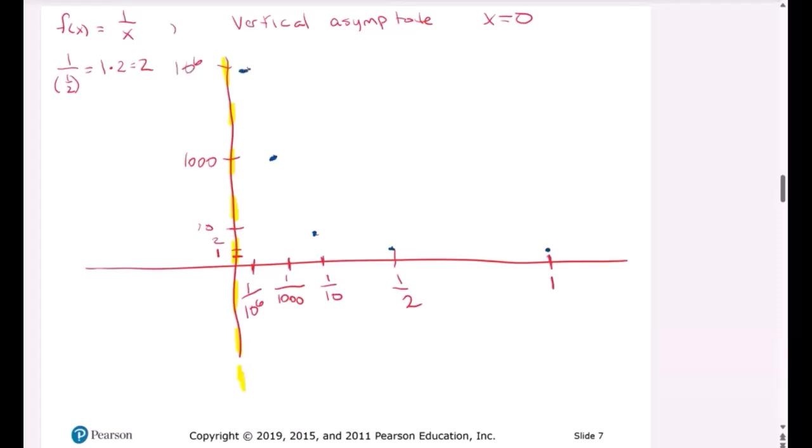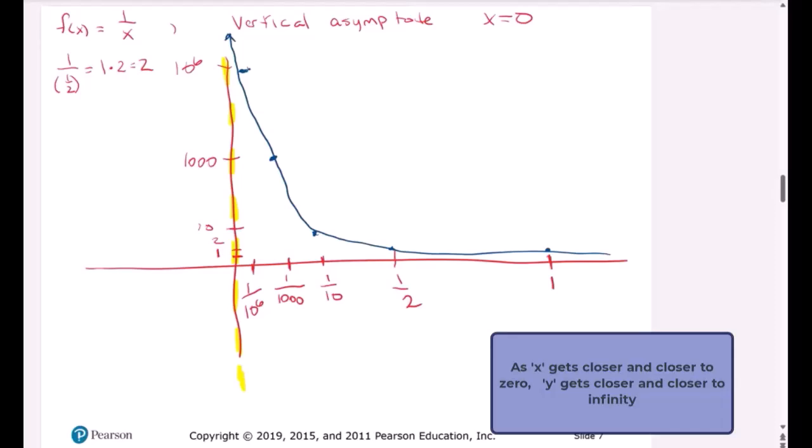And the closer I get to 0, the value is getting larger and larger. My graph, 1 over x, is starting to look like this. And the closer I get to 0, the bigger my number gets.